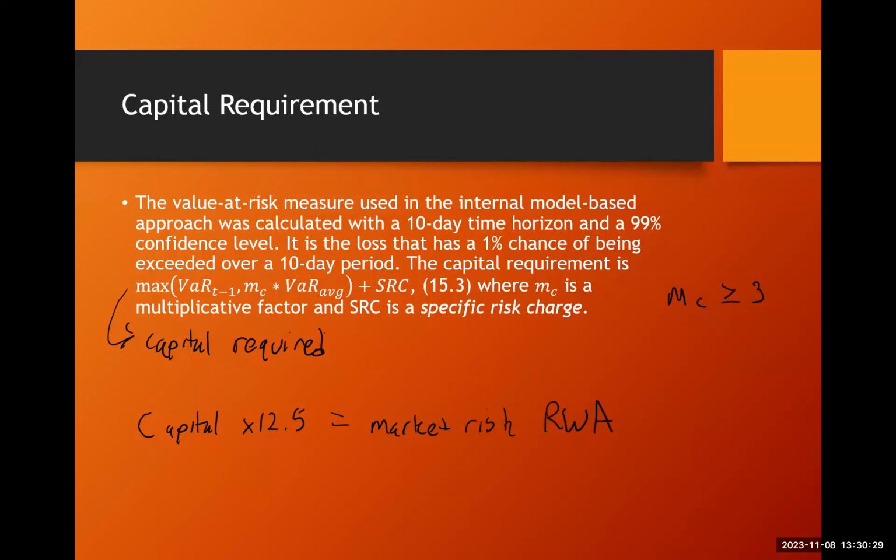So a distinction here is that we do not calculate the total risk-weighted assets for market risk. Instead, we just calculate directly the capital that's required. But if you want to know what the risk-weighted assets are for market risk, you're going to multiply the capital requirement by 12.5. That corresponds to 8% of the risk-weighted assets as capital.